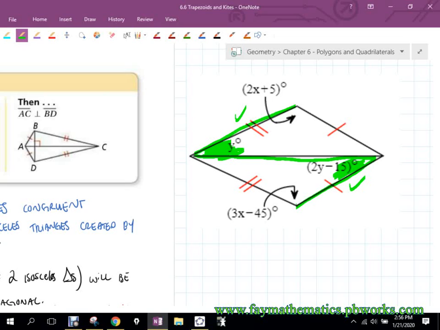Does that make sense? And if those are parallel, then this thing is a trapezoid and not a kite. Does that make sense to everybody? So we have to be on the lookout for that. Just be careful, because the way they distort their images or draw them, they intentionally do that to get you to make mistakes. If this is a kite, what do you know about that angle there in comparison to that angle there?